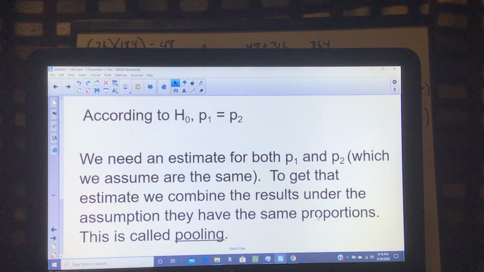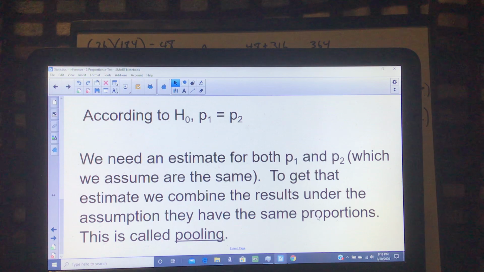Basically, the pooled number is what the snoring rate would be for everybody if they were all put together. Because we have a snoring sample rate for the young and a snoring sample rate for the old. Say we didn't separate them into old and young, what would that general number be put together? That's the number we'll use for p-hat. That way we're not putting in two different numbers, we're putting in the same number.